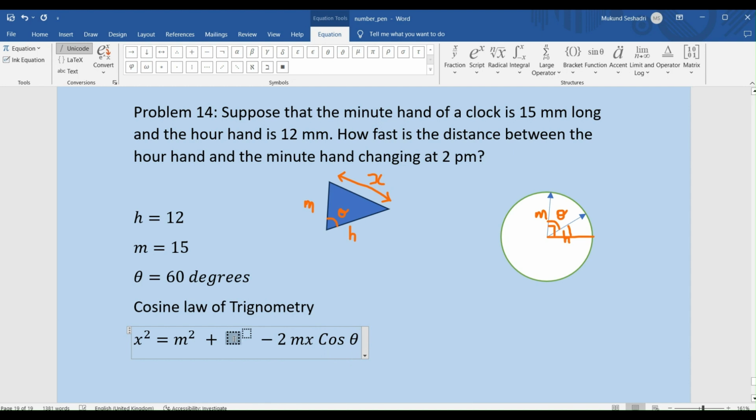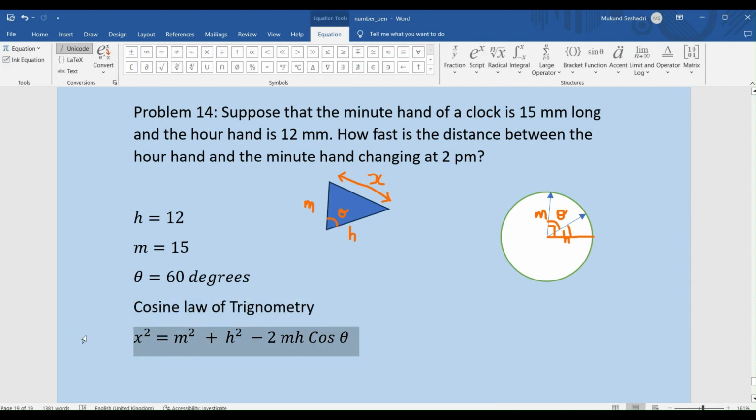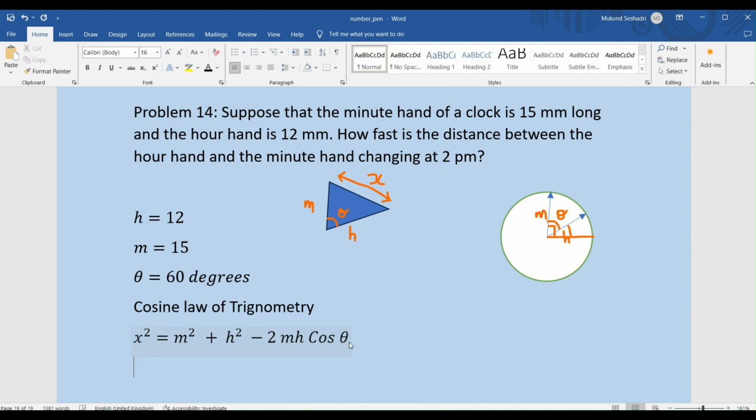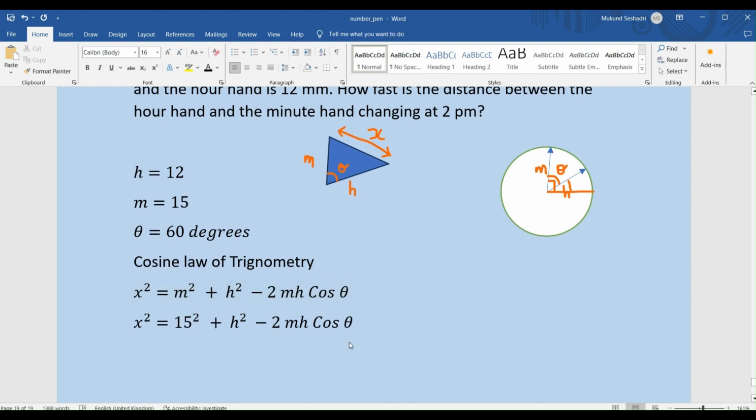So we have this equation in front of us, and we know m, we know h, we know what theta is. So I'm going to substitute these values: m is the minute hand, which is 15, h is the hour hand, which is 12, and 2 into 15 into 12, into cos theta, which is cos of 60, which is nothing but a half.